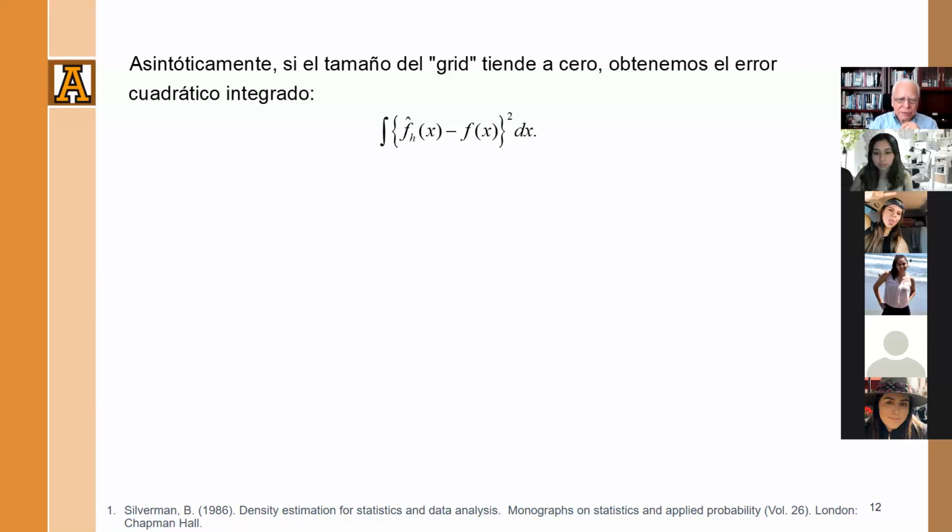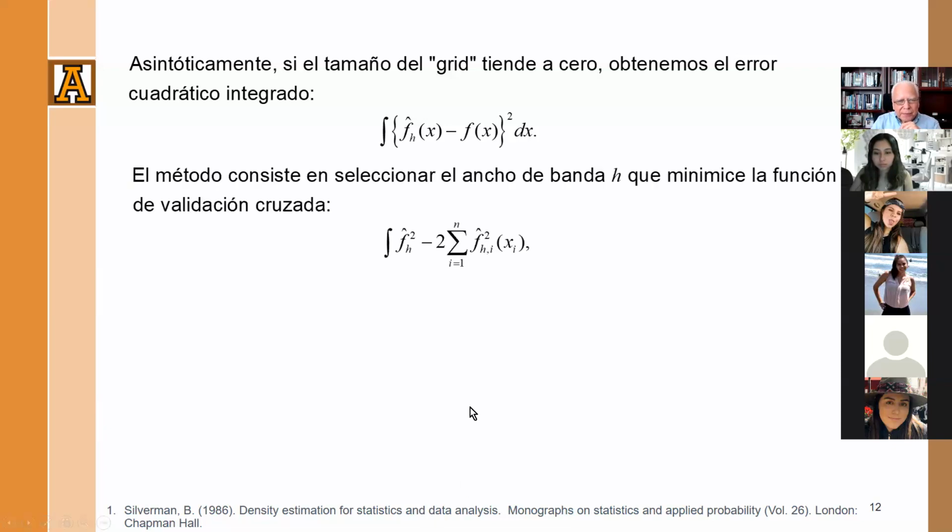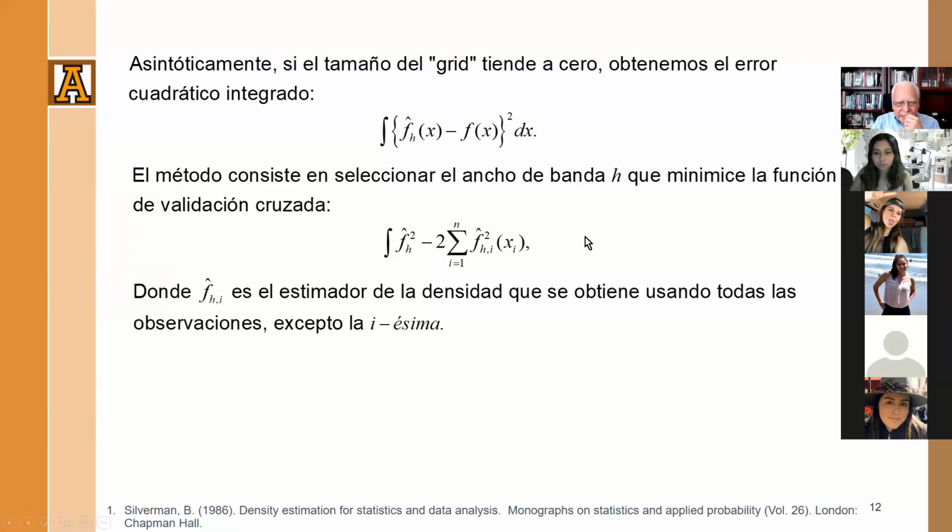And Silverman, I put the reference down here, used this fact, and showed that using cross-validation, you select the value of h that minimizes this integrated squared deviation.